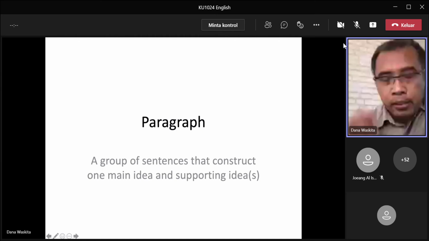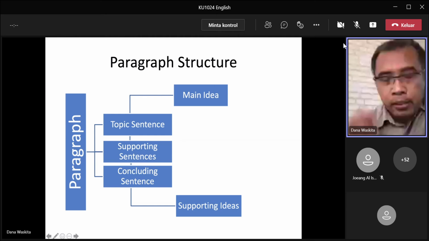So, as a matter of fact, a paragraph in general consists of two big parts: main idea and supporting ideas. But this is the abstract one. Main idea and supporting ideas can be not written in the paragraph, but they can be written in the paragraph as a topic sentence.